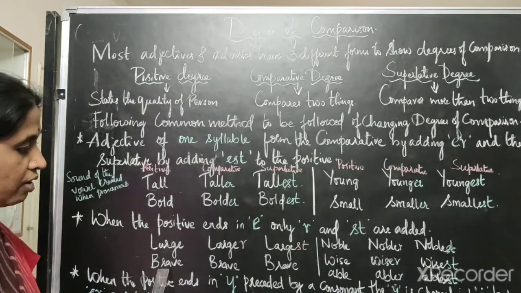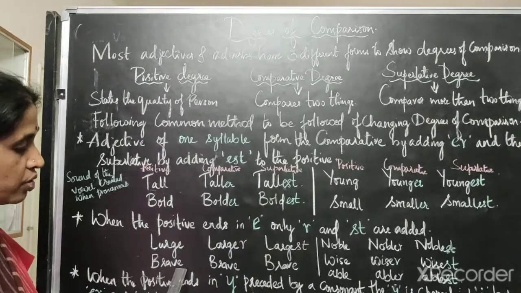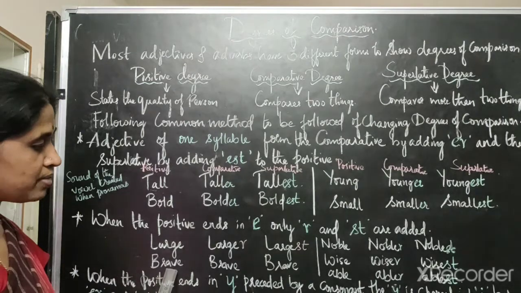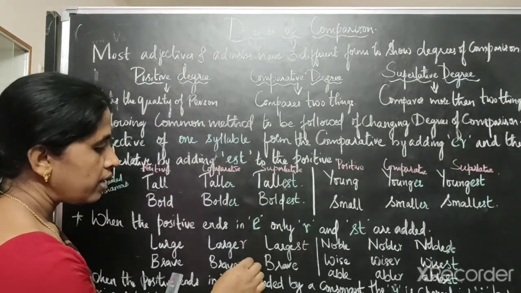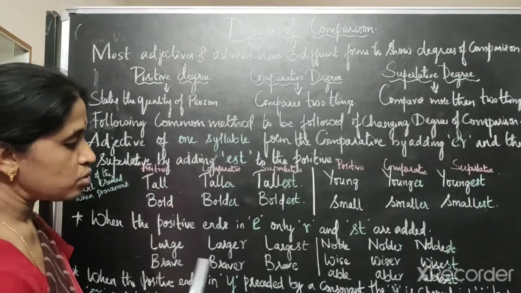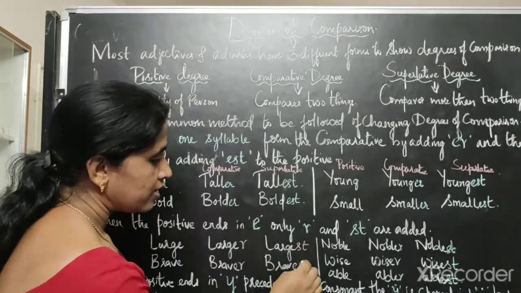Similarly, you have one more word, brave. This word also ends with e. So it becomes a comparative when you add r, and it becomes a superlative when you add st.